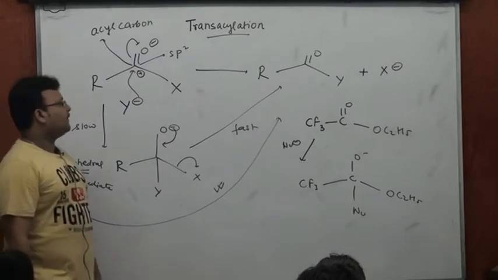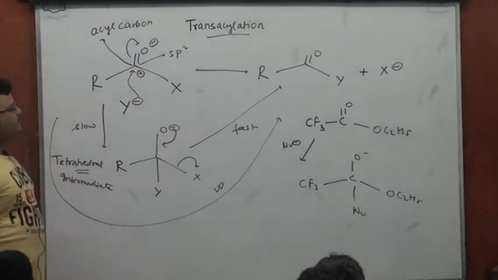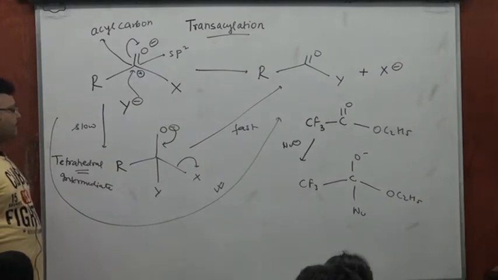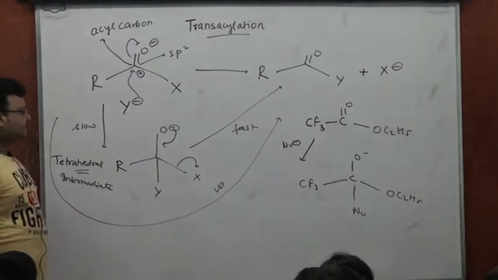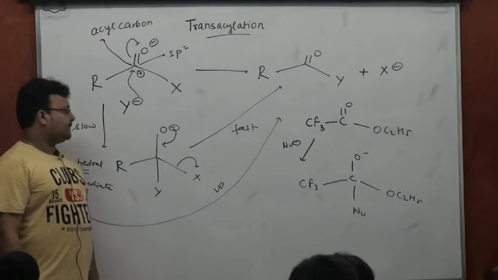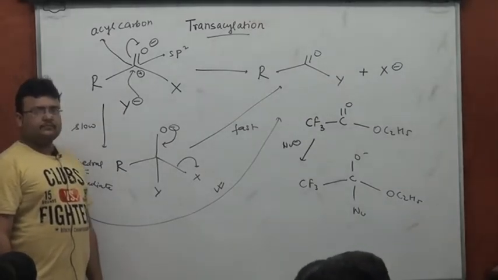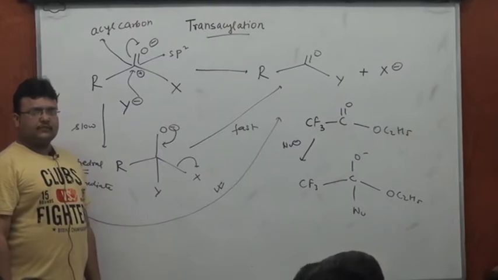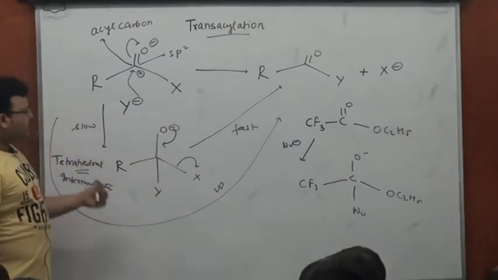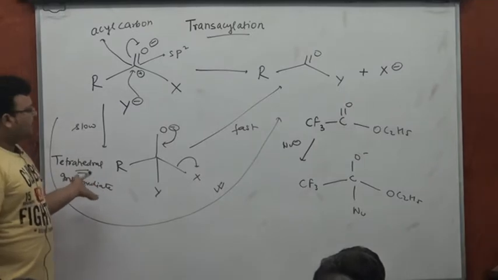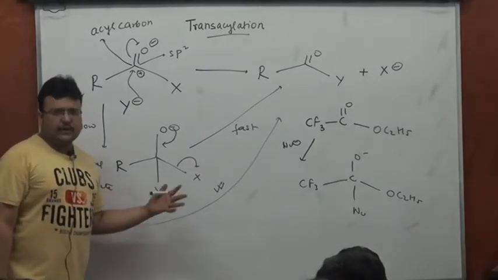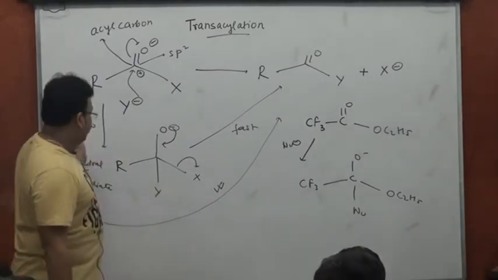Indirectly, we can prove it though. One such attempt was taking a strong minus I group CF3, and we are able to isolate the corresponding intermediate and prove that this is the mechanism.